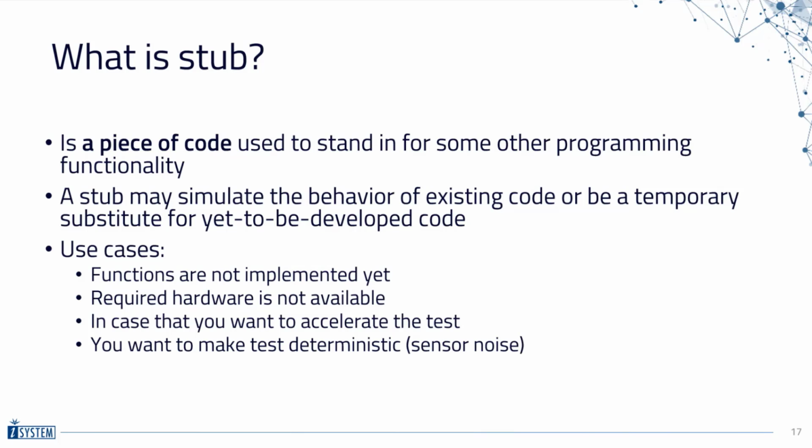In the case that we want to accelerate the test, for instance, if we have temperature and the hardware needs to heat up and cool down to get different readouts of the temperature, we can simply stub it and accelerate the testing. And in the case that we want to make this deterministic, to get rid of sensor noise, we can again use stubs.